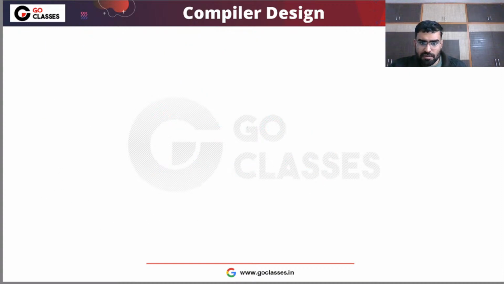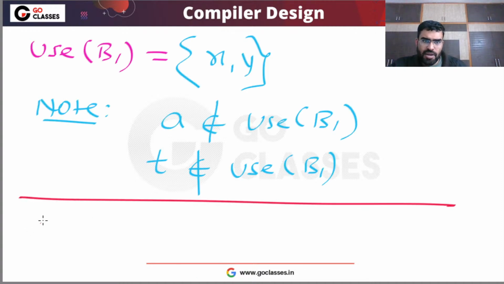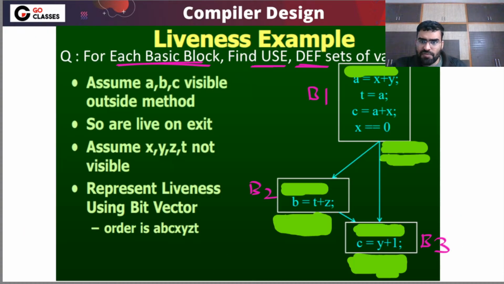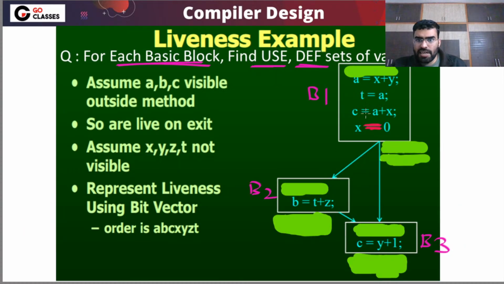I hope this point is clear. Can anyone tell me what is the def of B1, or kill of B1? This is the set of variables which are defined, that is A, T, C, X. All these variables are defined.